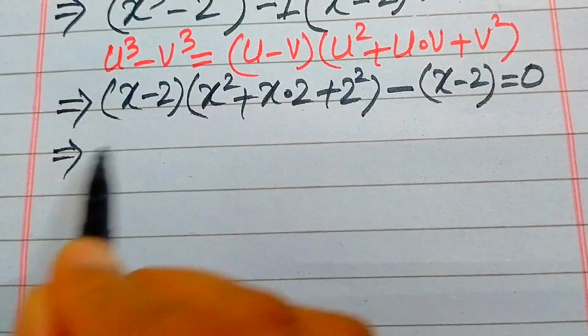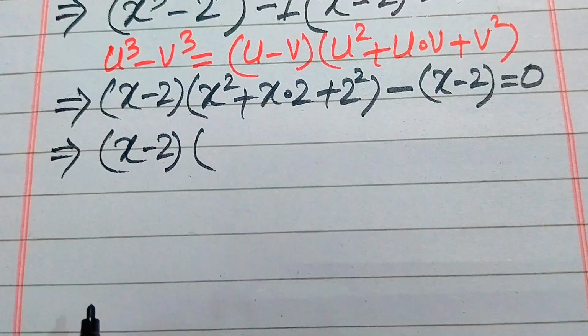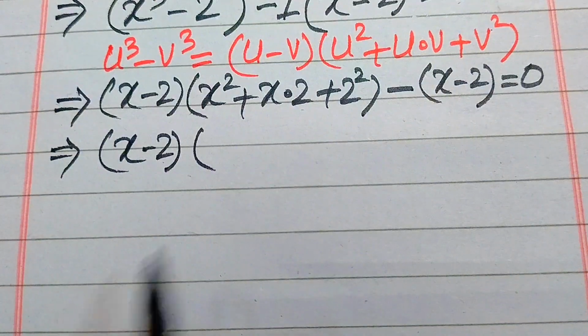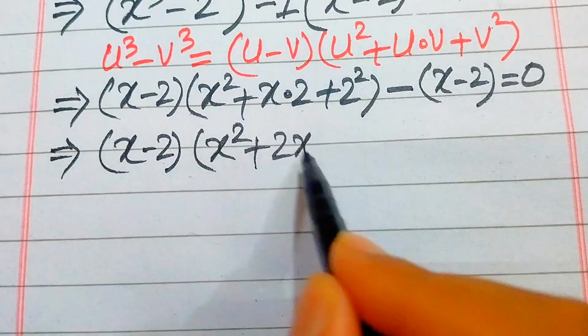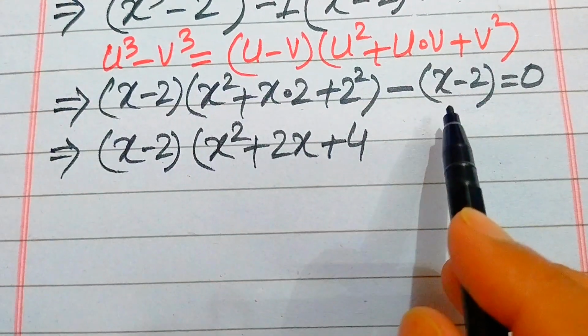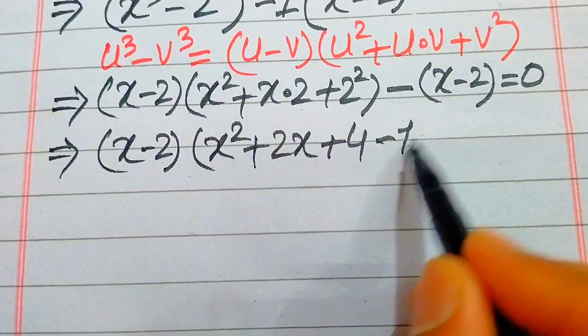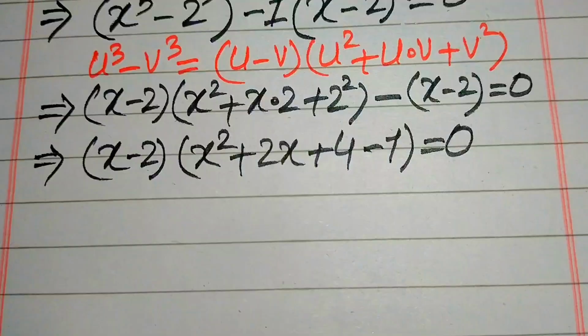Further in the next step, we take common x minus 2 from here, and when we take common x minus 2, the remaining values are x squared plus 2x plus 2 squared, which becomes 4. And when we take common x minus 2 from the other term, we get minus 1, and this whole equation equals 0.